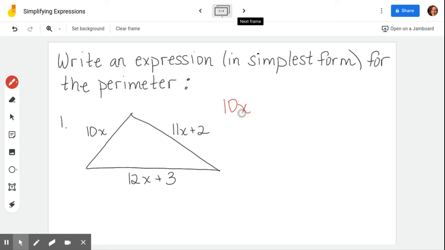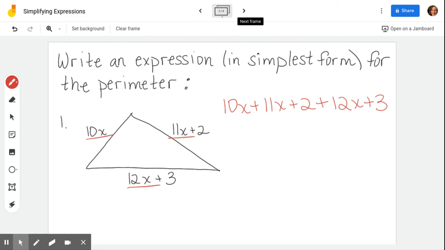10x plus this side is 11x plus 2, plus the side down at the bottom is 12x plus 3. And then put your like terms together, or I just go around the triangle. I don't take the time to write them all out. So I look at all my x's: 10, 12, and 11.